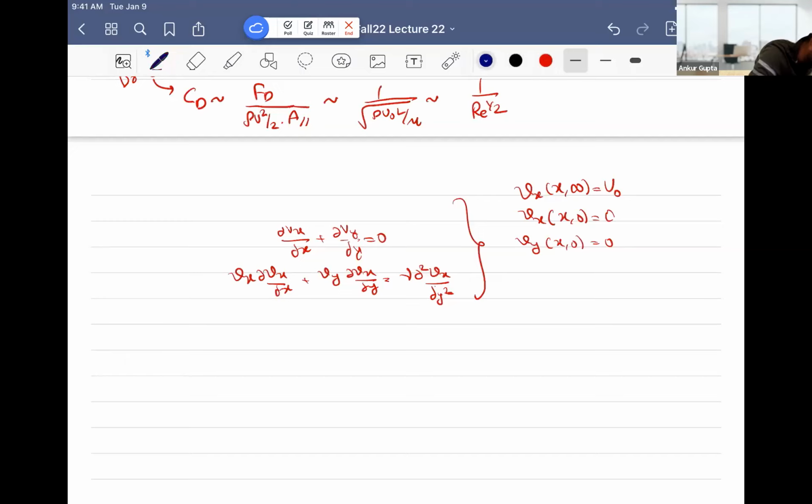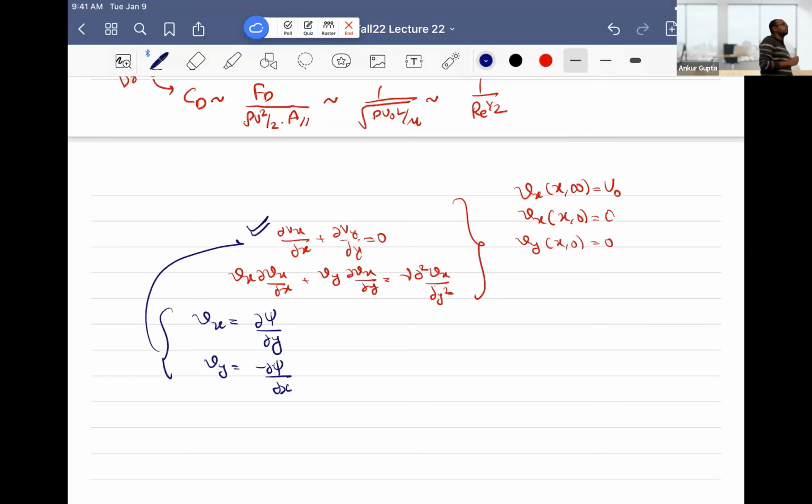So Vx is del psi by del y and Vy is minus del psi by del x. I might be changing the sign here, just out of convenience. It doesn't matter, but as soon as we put this in, the continuity equation automatically gets satisfied, because del square psi by del x del y minus del square psi by del x del y is zero. So then I only get one equation, which is this one.